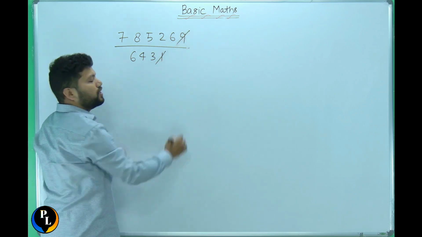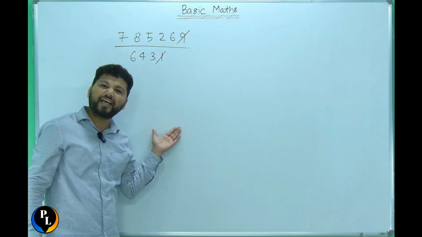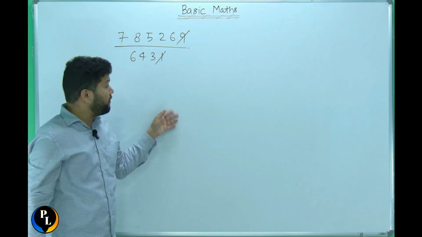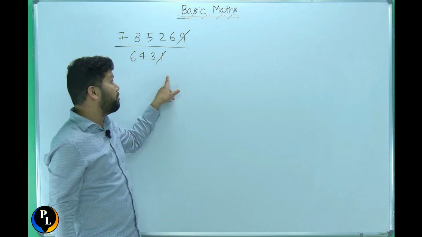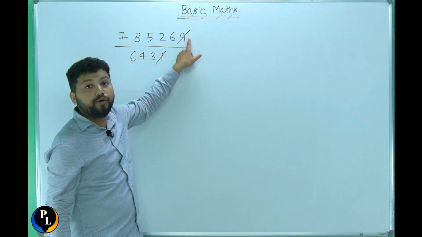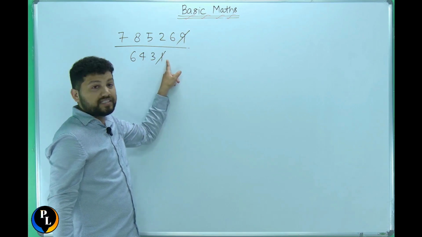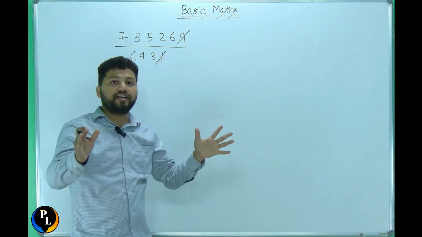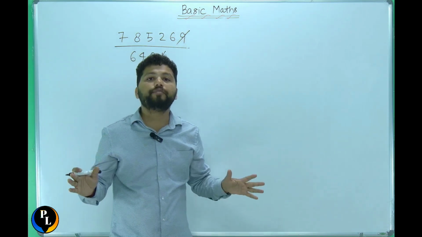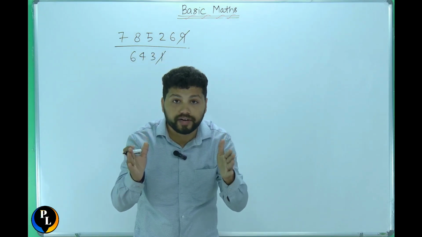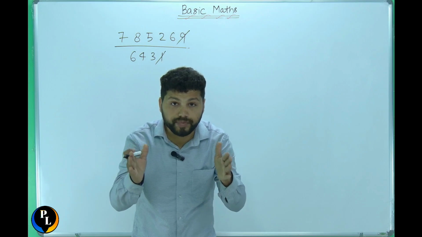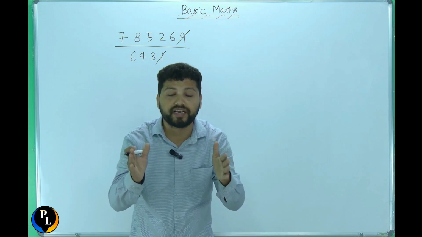Oh sir, how can you cancel this? If it's 0 here and 0 here, then only you can cancel. In the numerator 9 is there, in the denominator 1 is there. How can you cancel? You can cancel, no problem. Why? Because our aim is to reach not the accurate answer, but an approximate answer.